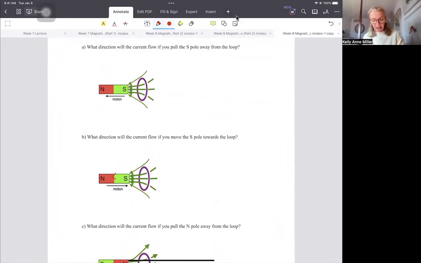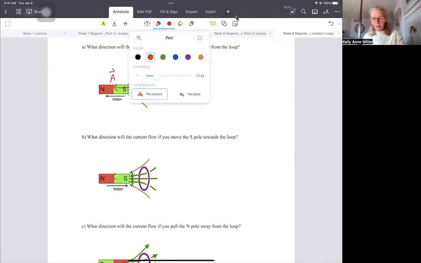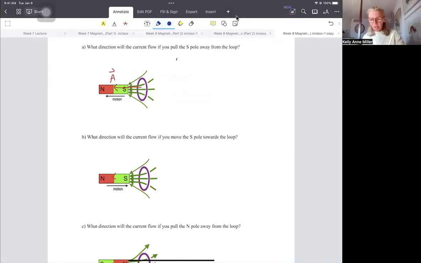I'm going to draw the area vector in the same direction as my external B field, which is pointing to the left, simply so that I start out with a positive flux. Okay. So now the first question to ask yourself is what's happening to the flux?